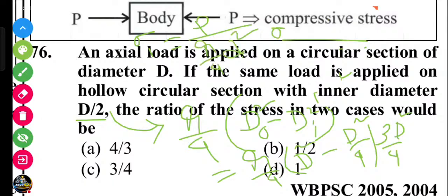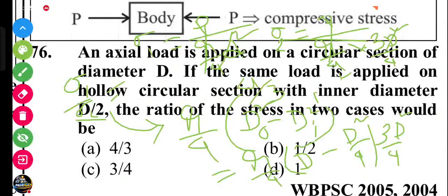Sigma 2 is P by pi by 4 into 3 D square by 4. If we divide them, sigma 1 by sigma 2, this cancels out, this cancels out, so 4 by 3 remains. So answer A is correct.